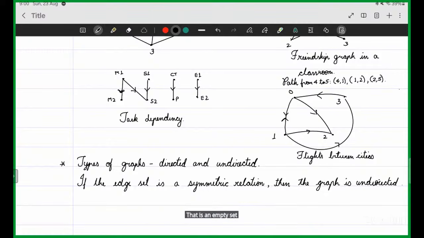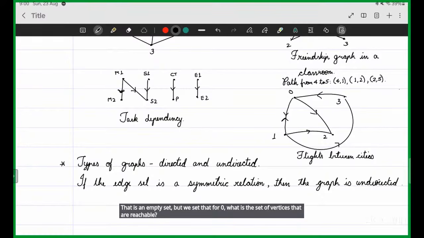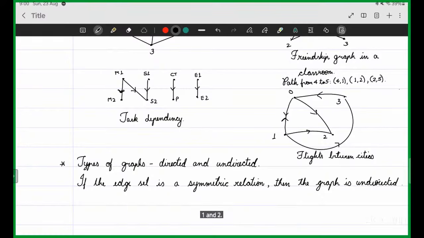But for 0, what is the set of vertices that are reachable? 1 and 2. Not 3? Yes, 3 also. For 3, you can go from 0 to 1 and then 1 to 3. So yes, it is reachable.